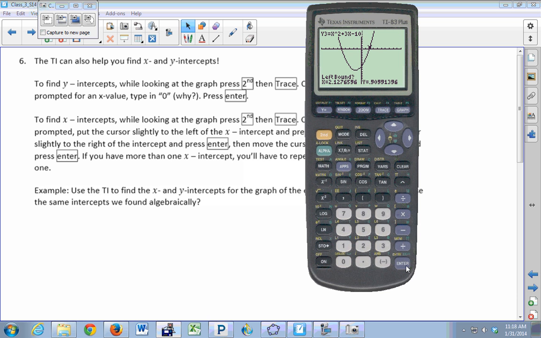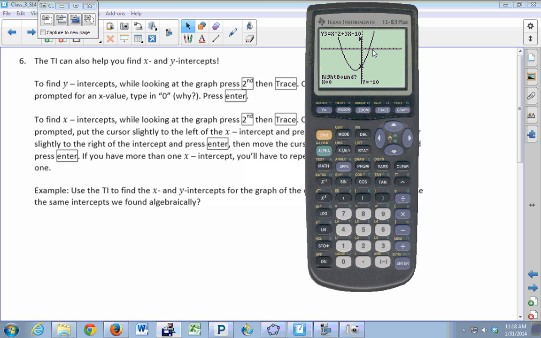My method says just find a number to the left of this point. Any number will work as long as you don't go past your other intercept. So a number to the left of that point, 0's really good. I don't have to mess around with the cursor. All I do is hit 0 on my calculator, and it's putting 0 in as the left bound. Then I hit enter. Then I find a number a little bit bigger than that number.